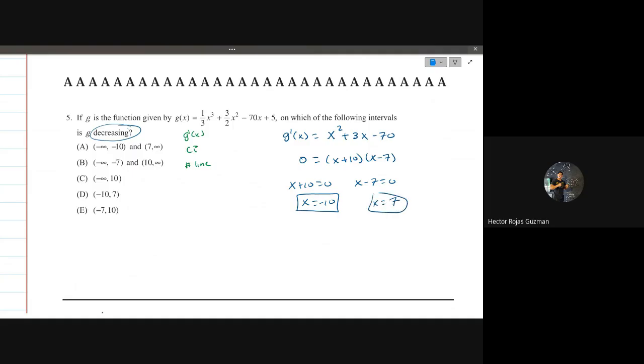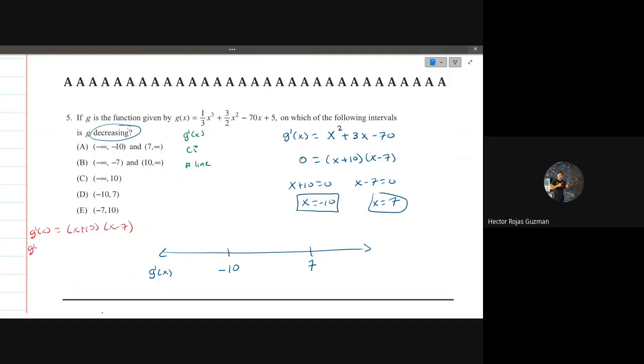Good, good. Let's go ahead and do the number line. So we're going to want to plug in numbers into the derivative. Numbers to the left of negative 10, in between negative 10 and 7, and then greater than 7. So if I plug in, say, negative 20, here's my derivative: g prime of x equals (x plus 10)(x minus 7).